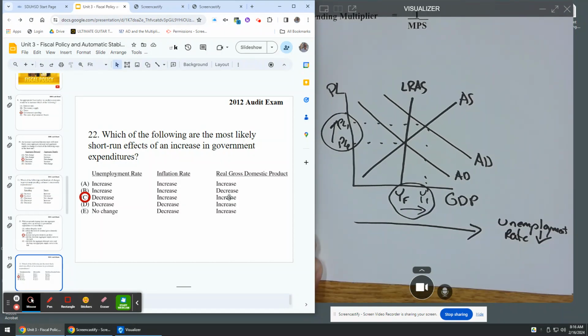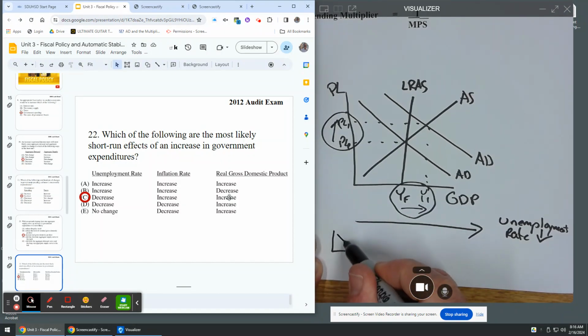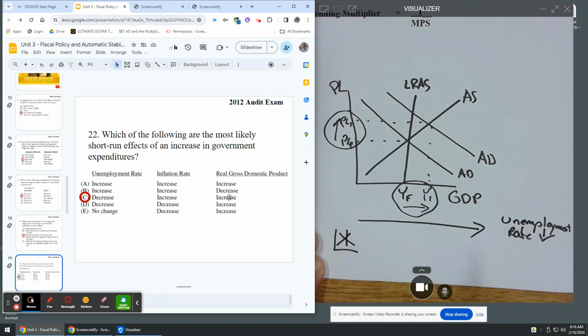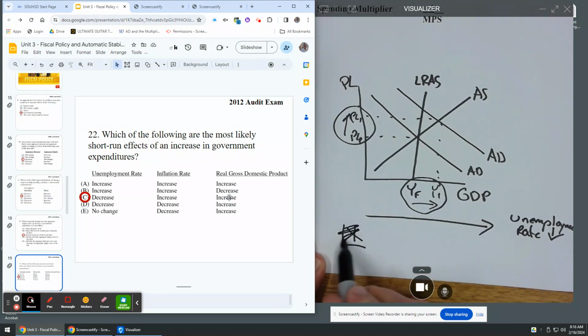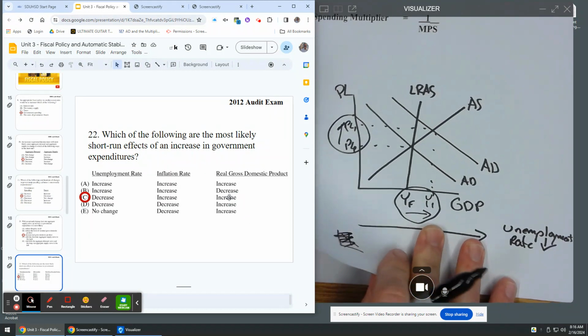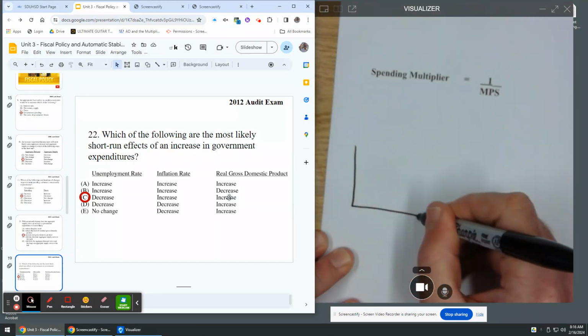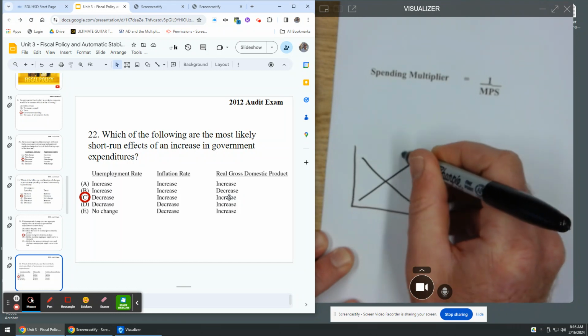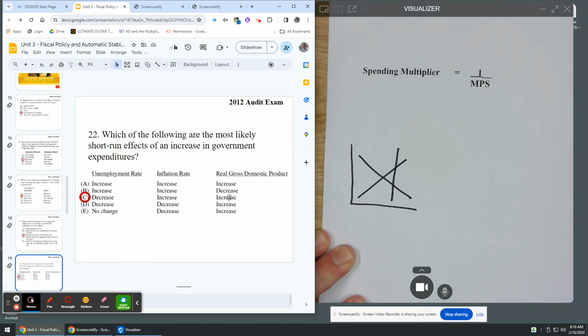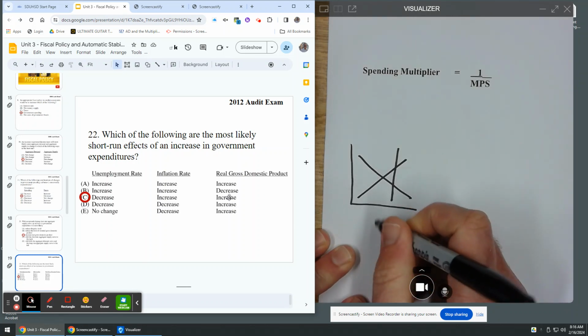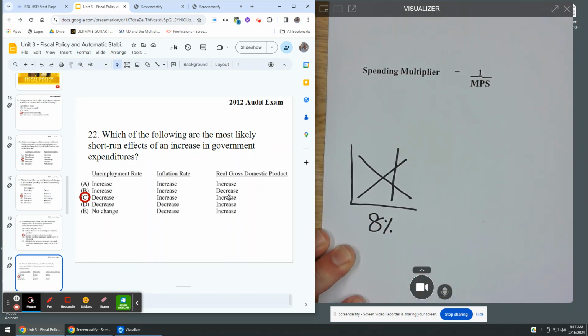Why? Well, what do we know about a negative output gap? If I'm in a, well, that was more like a positive. Let's try that again. Let's use a bigger piece of paper. More room. So if I have a negative output gap, we know that I have high unemployment. It's going to be greater than the natural rate. So I'm going to say 8%.